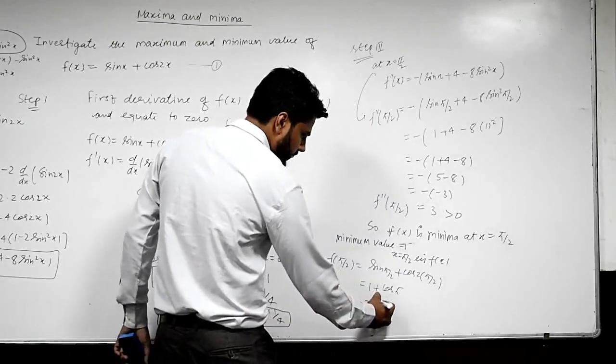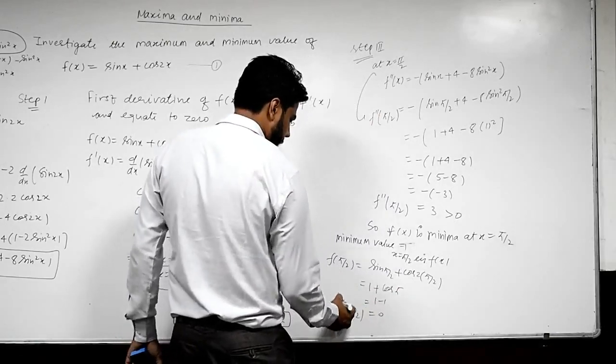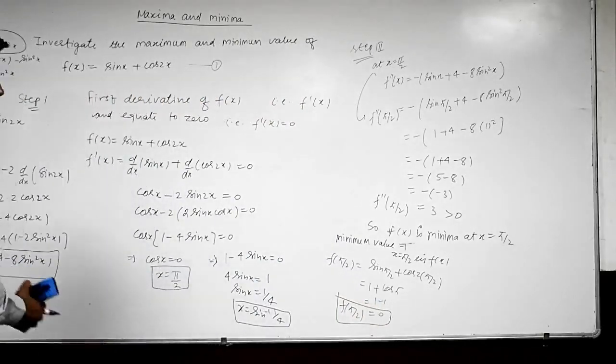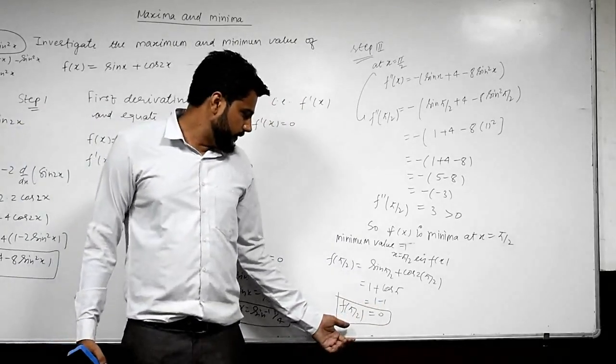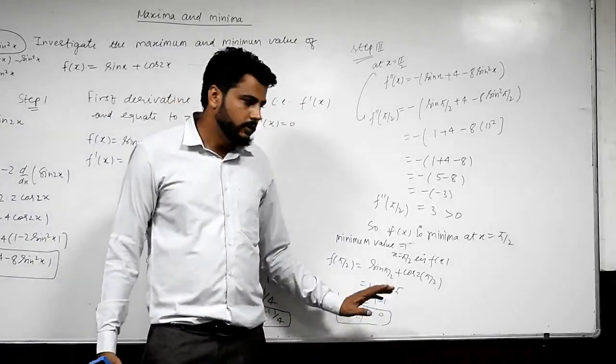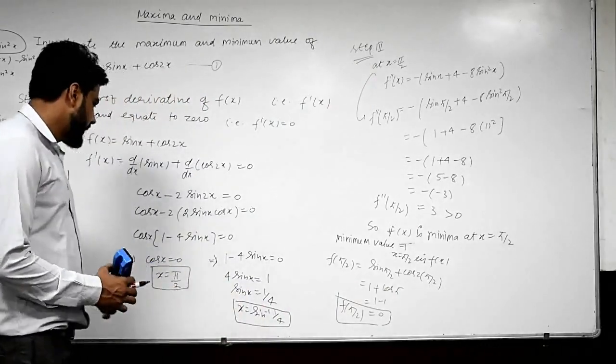This is 1 minus 1, which is 0. So f of pi by 2 is 0. This is the minimum value. We have the minimum value at x equals pi by 2, f(x) equals 0. Now I will find for x equals sin inverse 1 by 4.